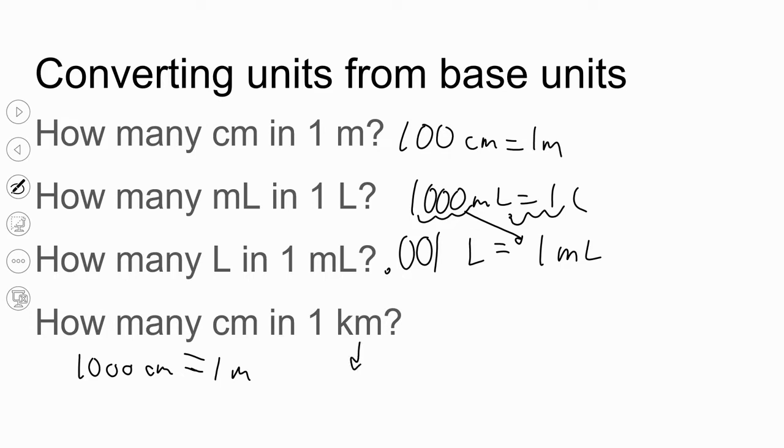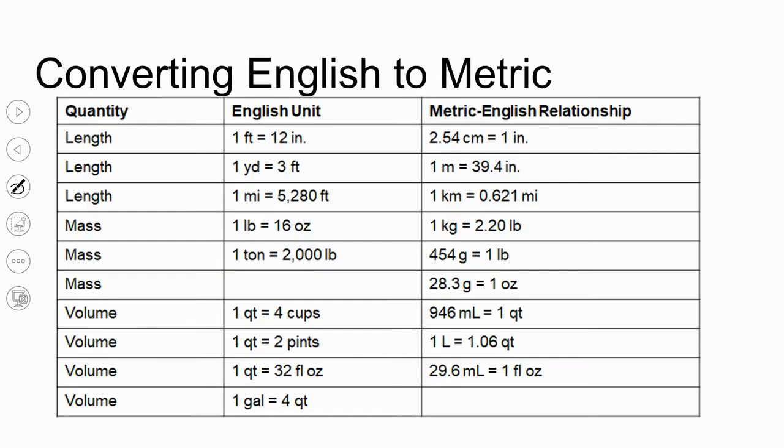Okay, and you're saying this is 1,000 meters. Yeah, this is the same. Okay, good. Oops, and this one should be 100, right? 100 centimeters in a meter. Okay. All right, very good.